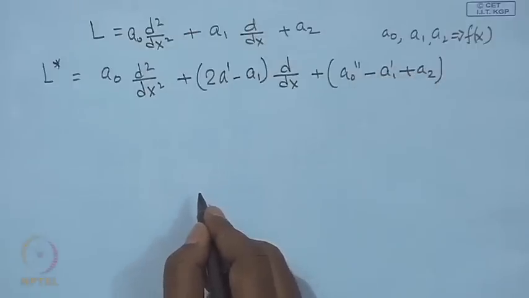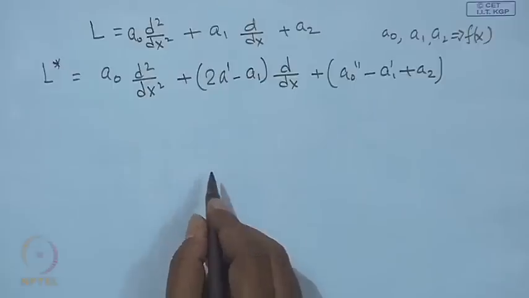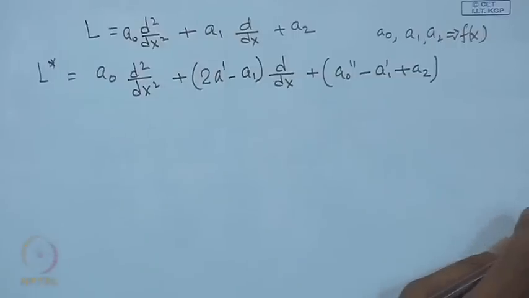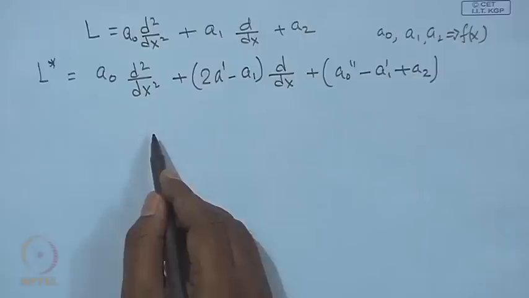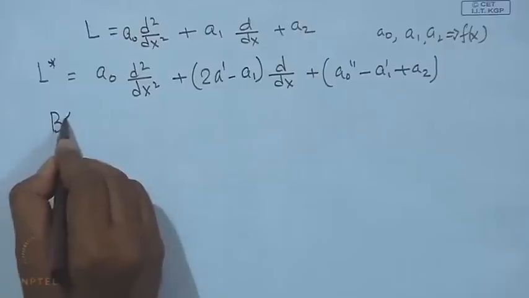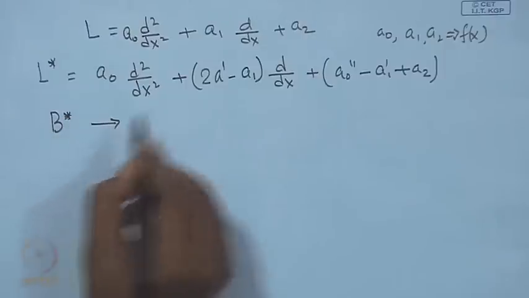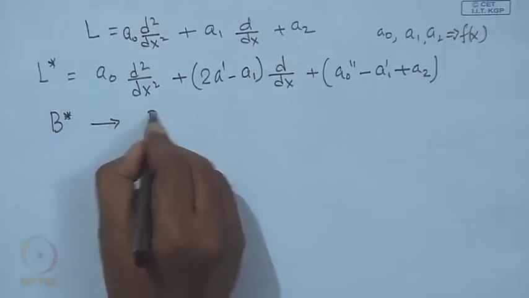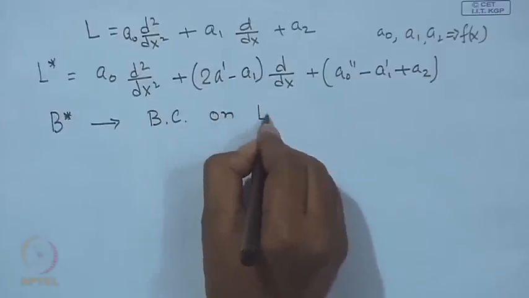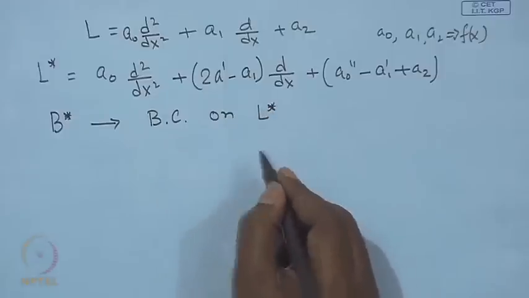So, given an operator, we will be able to obtain the adjoint operator. Similarly, by forcing the bilinear concomitant, one can get the boundary condition of the adjoint operator. We call that boundary condition B star. B star is the boundary operator, and this gives the boundary conditions on L star or on v.